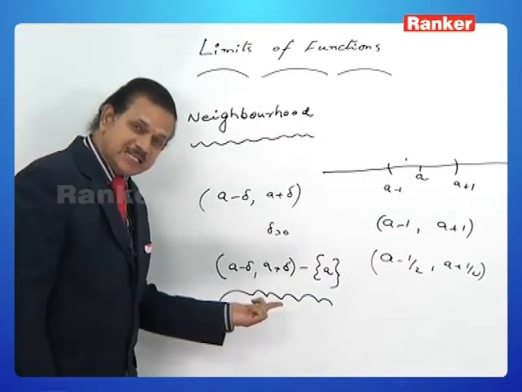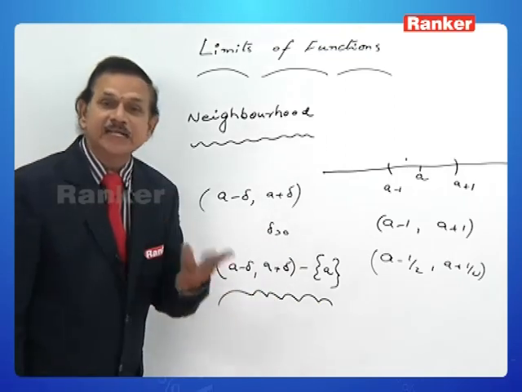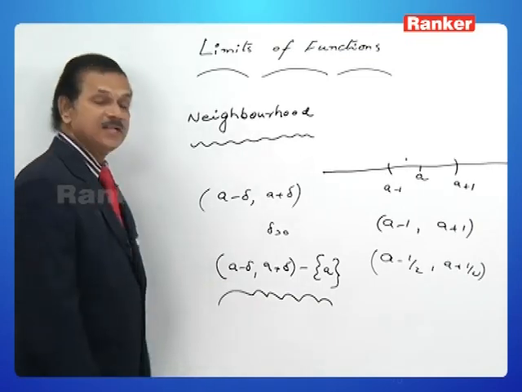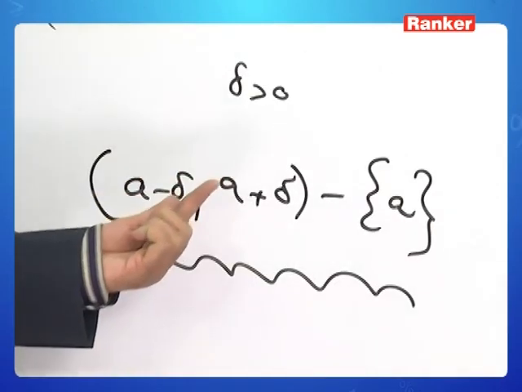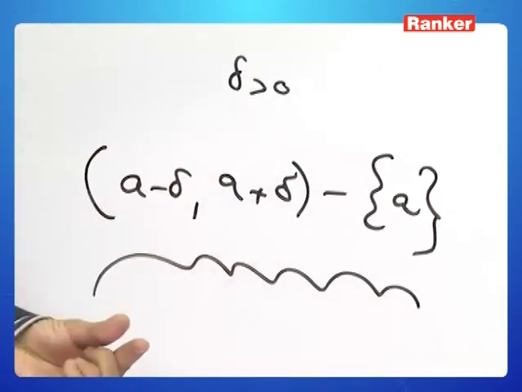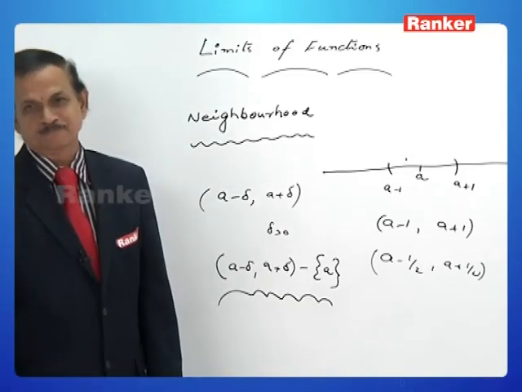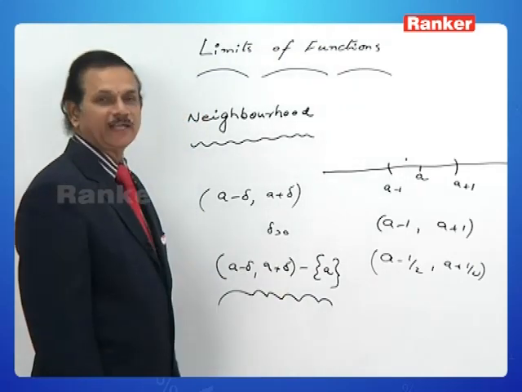Then this set is referred to as a deleted neighborhood of a, of course, with radius delta and length 2 delta. The central position of this neighborhood, that is the point a, has been deleted from this. Such a neighborhood is called a deleted neighborhood of a.